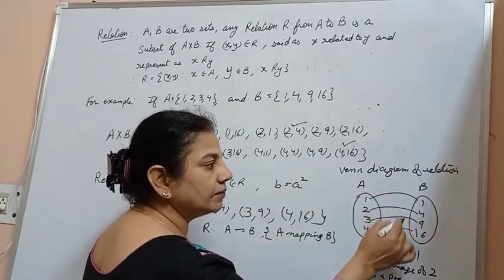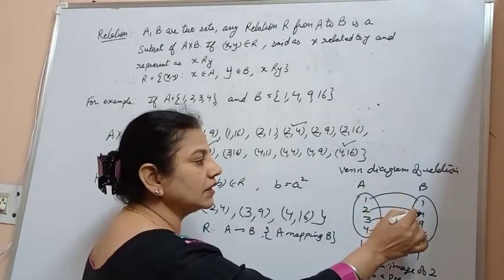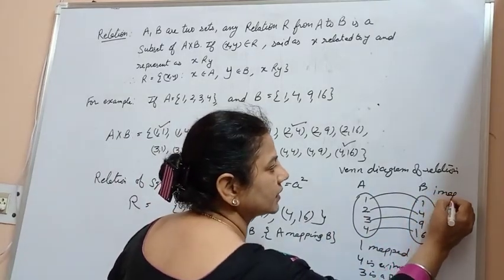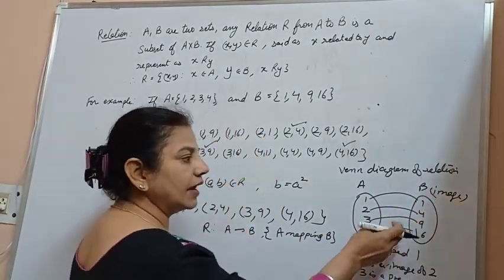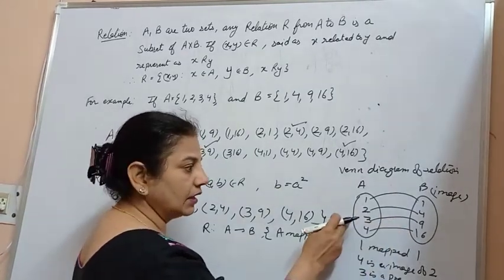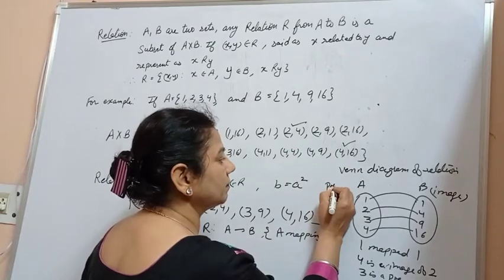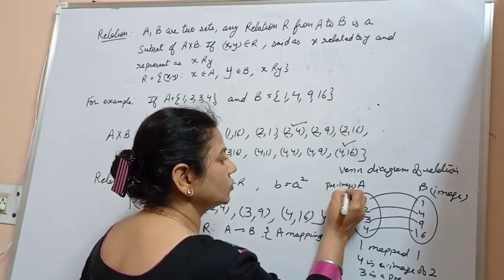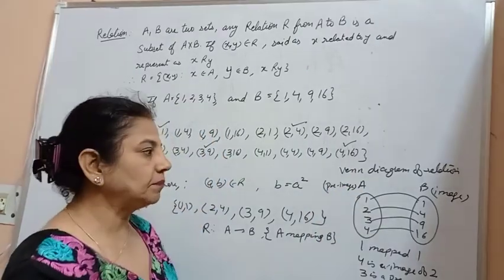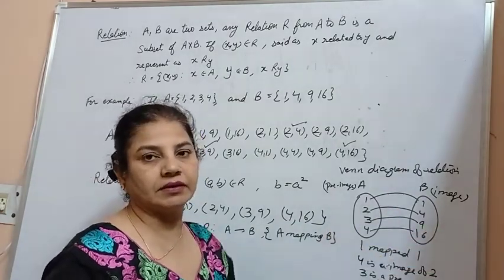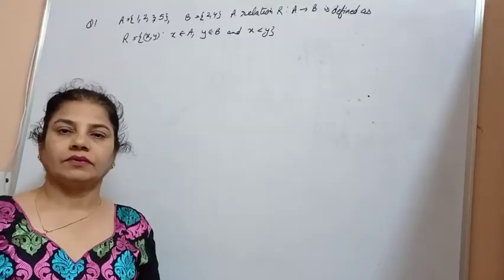So every element of B is the image of an element of A, so we read it as image. And every element of A is a pre-image of an element of B, so we read it as pre-image. So elements in A are the pre-image of elements of B, and elements of B are the image of set A.